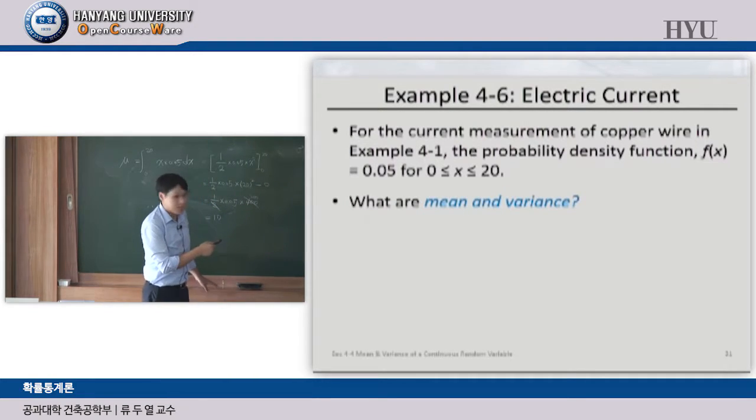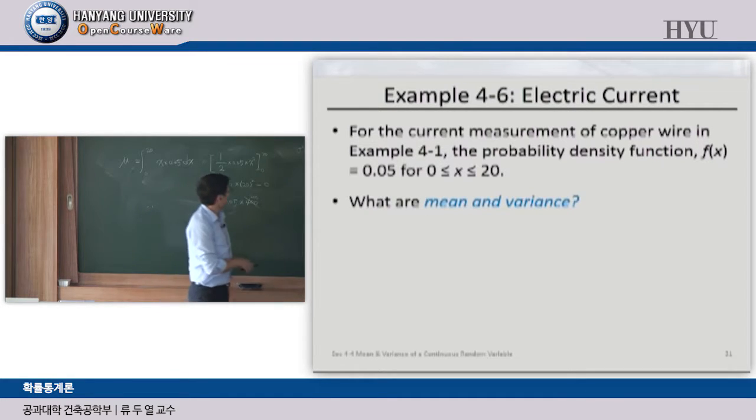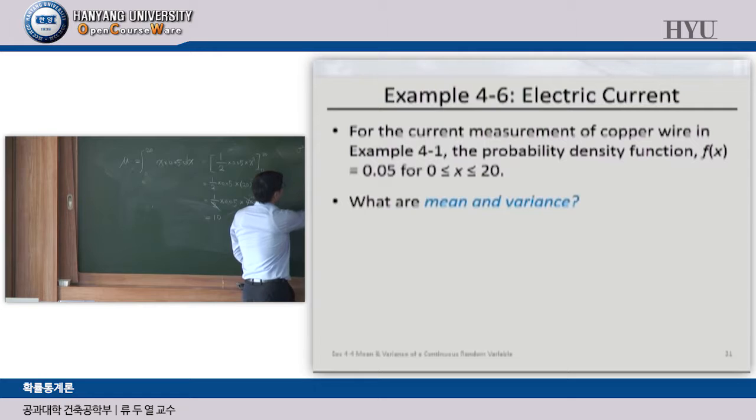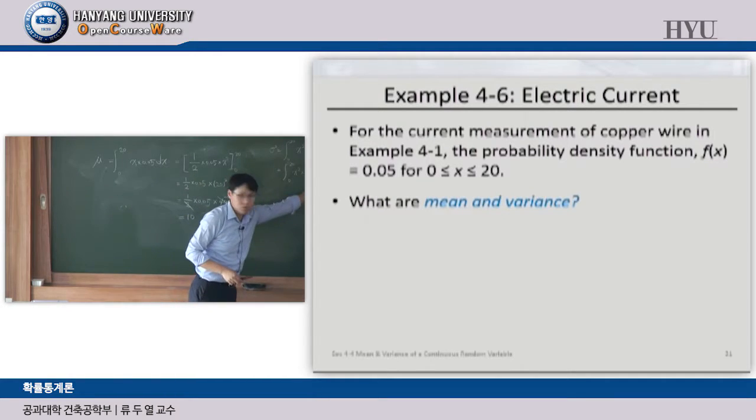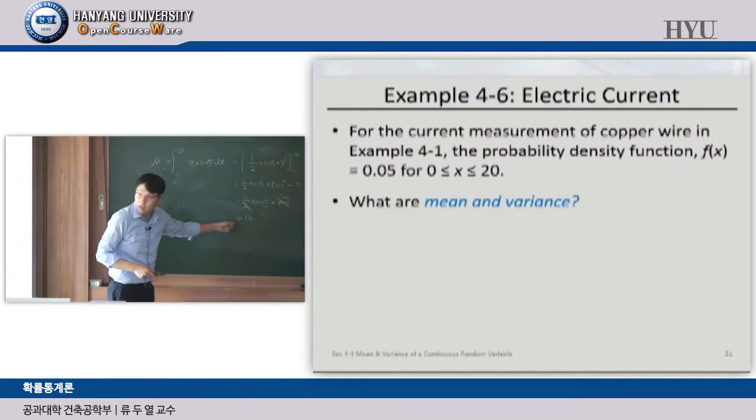We can use this equation, right? And this can be written as the integration of x square multiplied by 0.05 dx from 0 to 20 minus 10 square, right? Because mu was already calculated here.